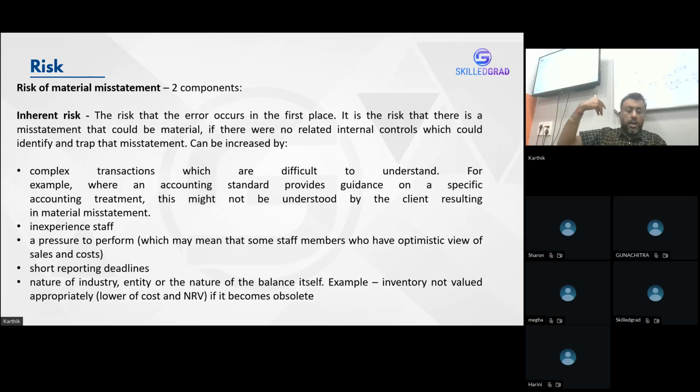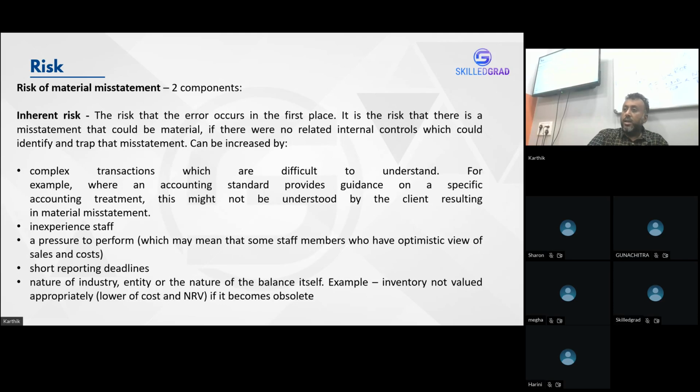That was a problem. Then pressure to perform, or inexperience. People are inexperienced. If you put a novice who knows nothing inside and ask him to do something, he will keep the accounting records wrongly. Okay, that's pressure to perform. Some people, like sales people and marketing people, you would give a bonus to them or set high-end sales targets.